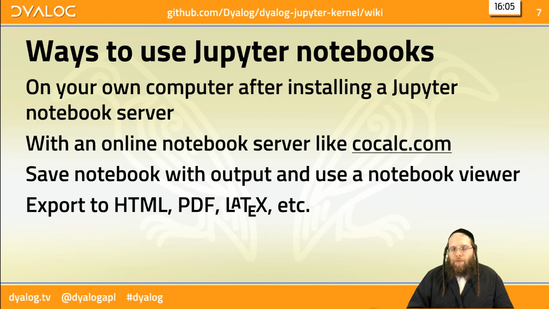And then any Jupyter Notebook viewer can view this, even if it doesn't have the specific programming language capabilities that your notebook requires. And from there on, you can also export to any format that you need, and that can then be used for publishing, whether online or in print, used like any other document. I'll go into the details of each of these modes.